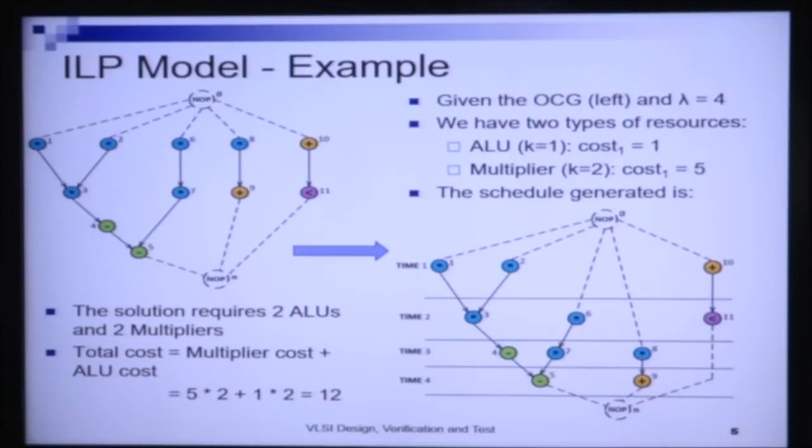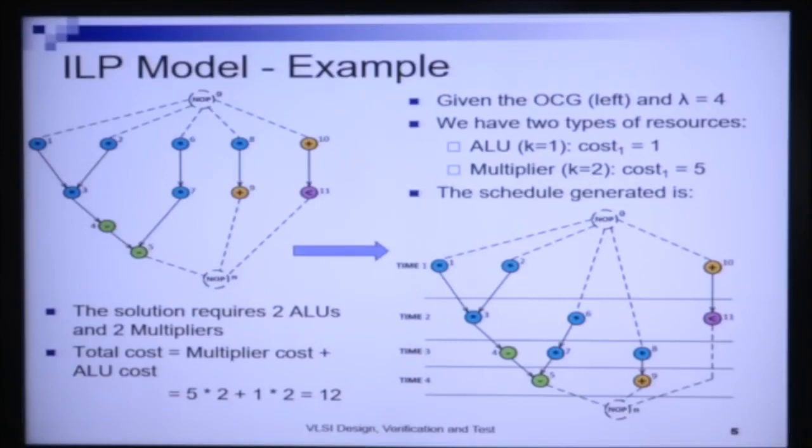That means the multiplier functional unit or resource consumes an area of 5 on the circuit, and the ALU, which is k equals 1, has a cost of 1, meaning that the ALU consumes an area of 1 on the circuit.